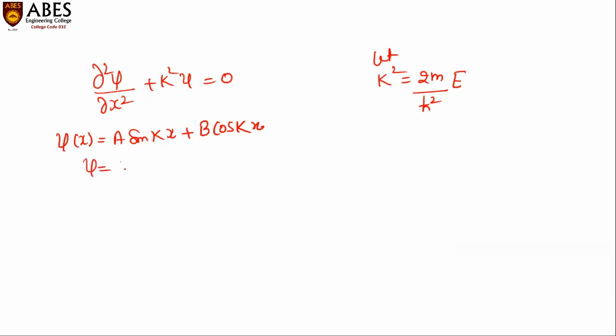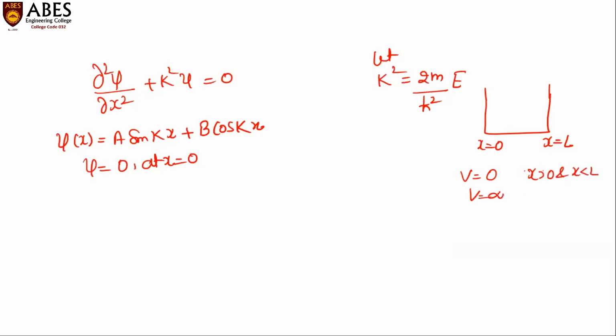That means psi is equal to 0 at x is equal to 0 and x is equal to L. The conditions are V is equal to 0 where x is greater than 0 and x is less than L, and V is equal to infinity where x is less than 0 and x is greater than L. So psi is equal to 0 at x is equal to 0, and psi is equal to 0 at x is equal to L.